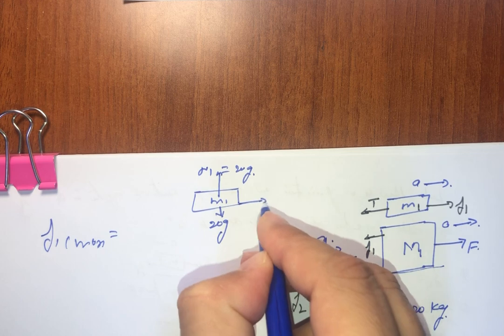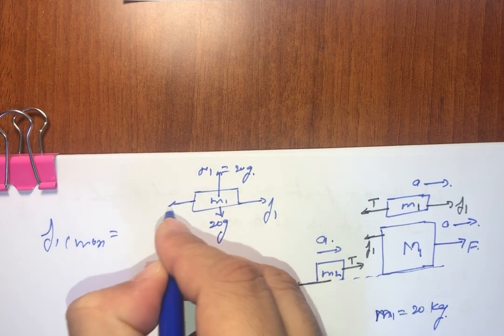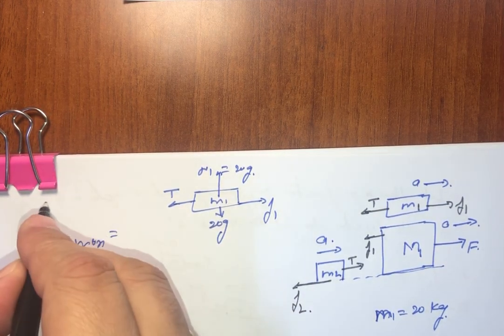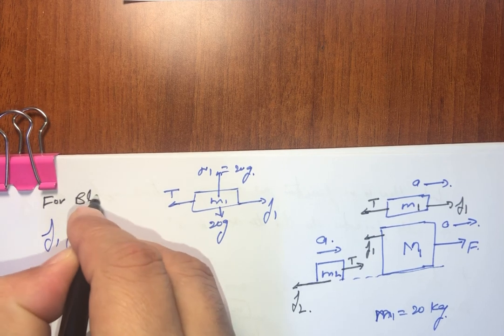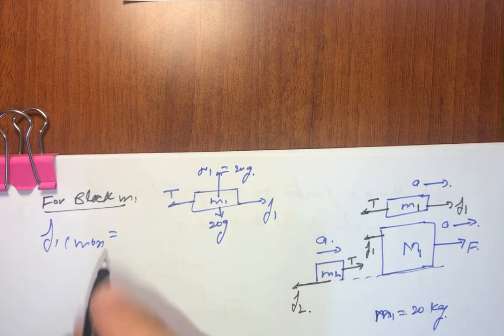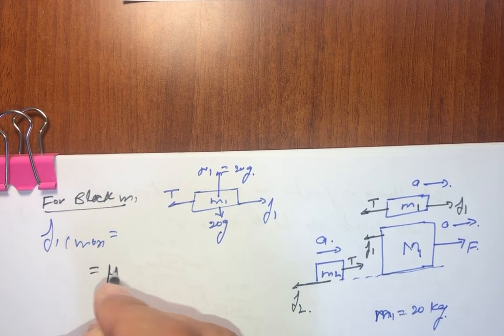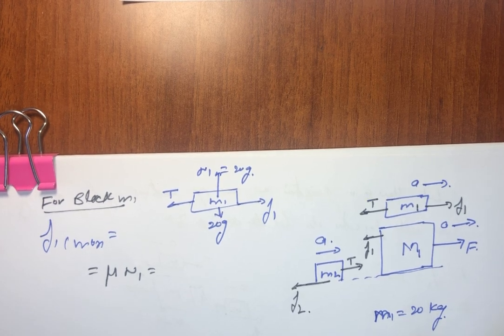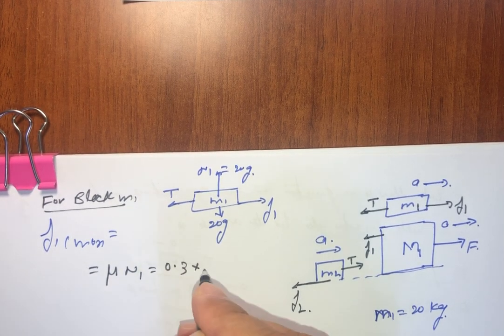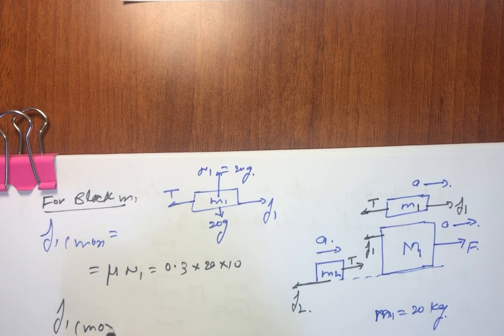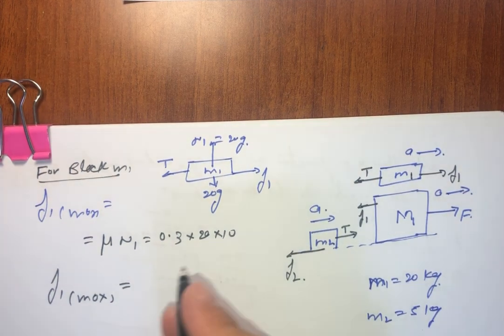And this is a friction F1 and tension T. So for block M1, F1 max will be equal to mu into N1, and mu, the coefficient of friction, is given as 0.3. So we have 0.3 into 20 into 10. So the maximum friction comes out as 60 Newton.